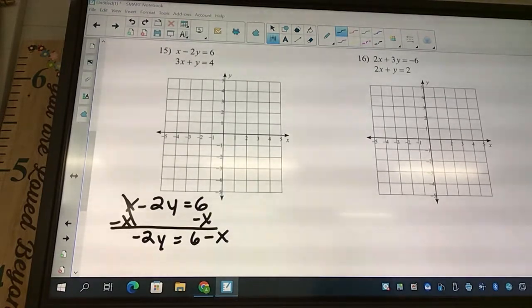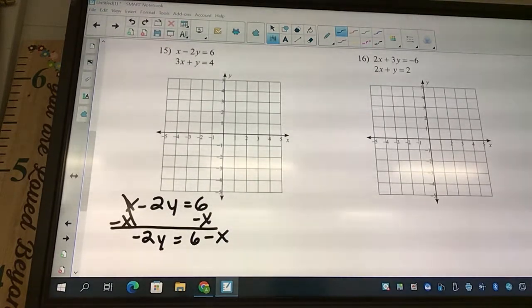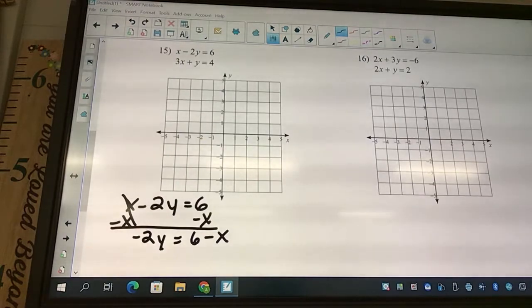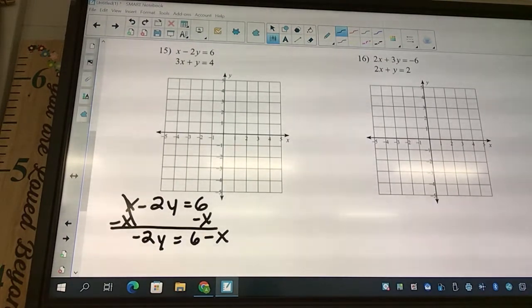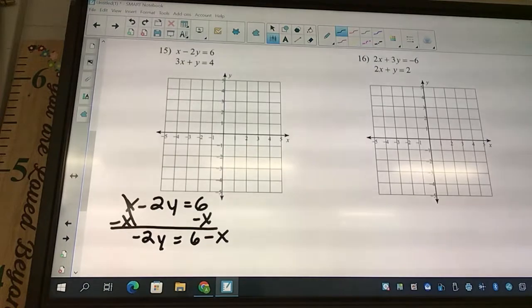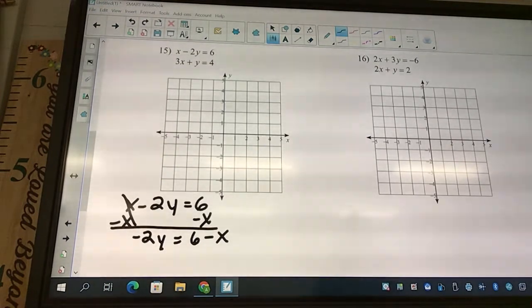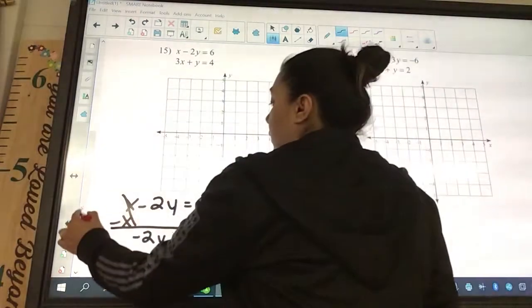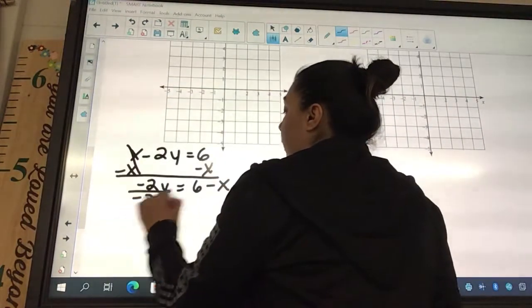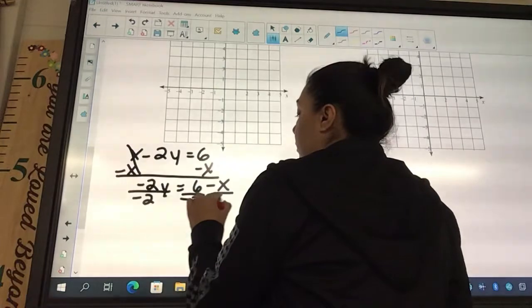And then what do we do? Divide. We're gonna divide. Okay? By what? -2. Good. So divide each piece by -2.